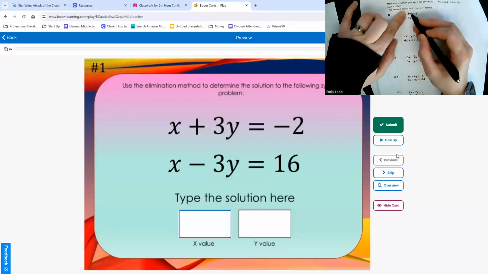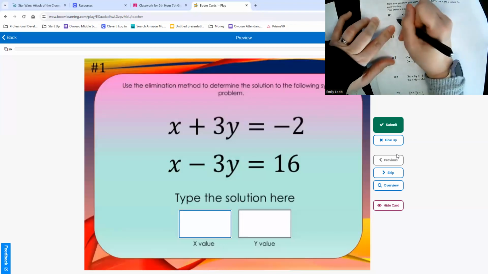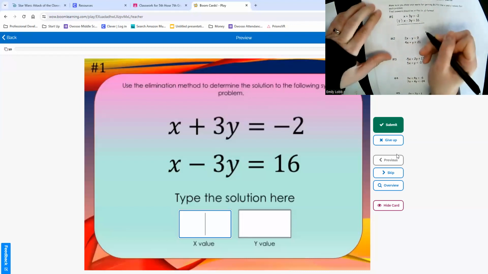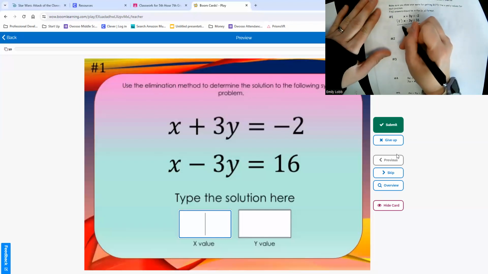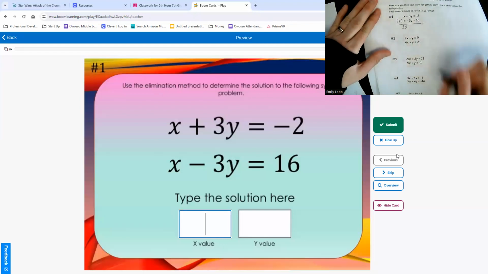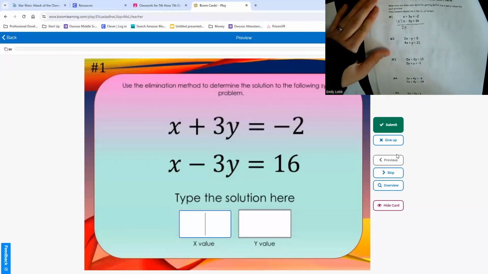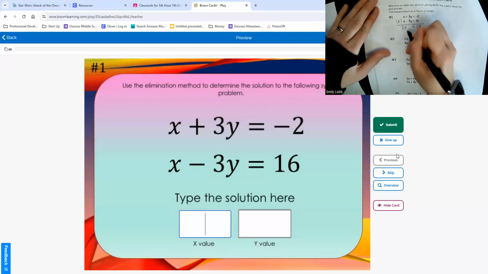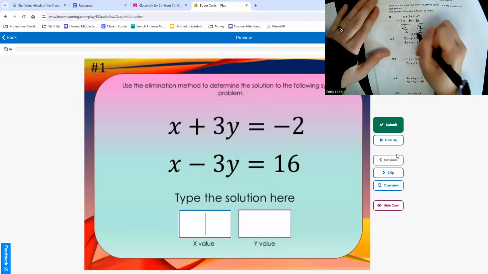These are the same, but these are the same and the opposite. So we can still just add these. We're going to show all of our work so that we have 2x, my y goes away, equals 14, right? Negative 2 plus 16. So when I divide both sides by 2, x is equal to 7.